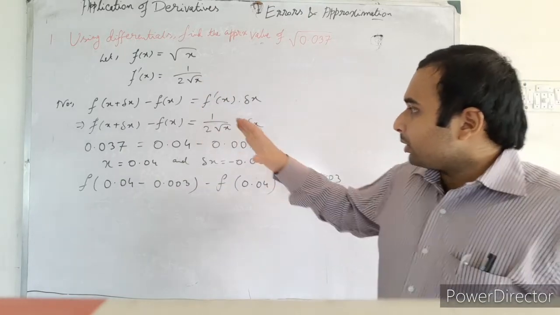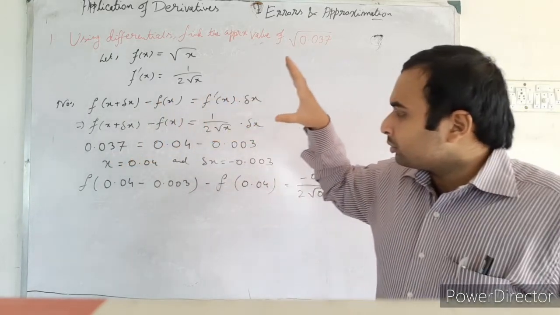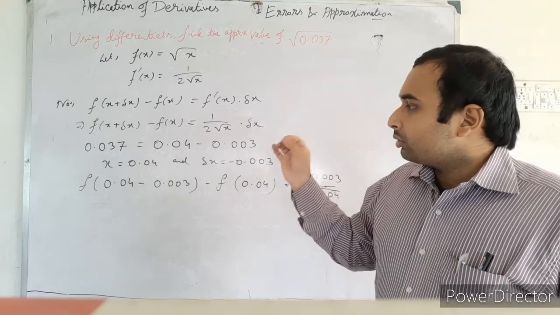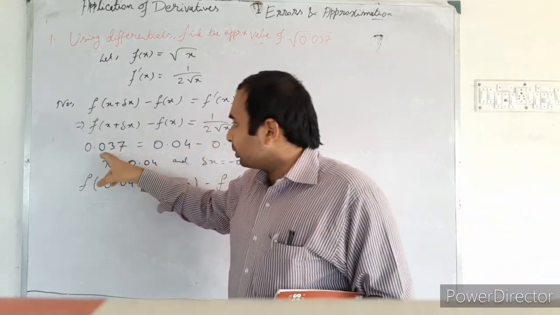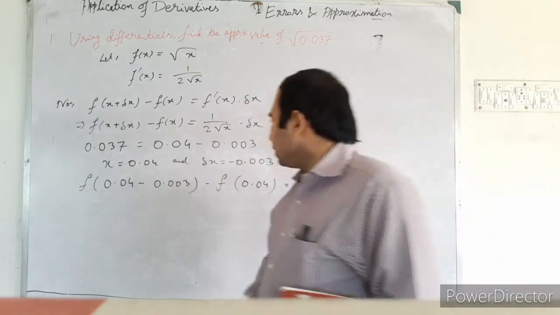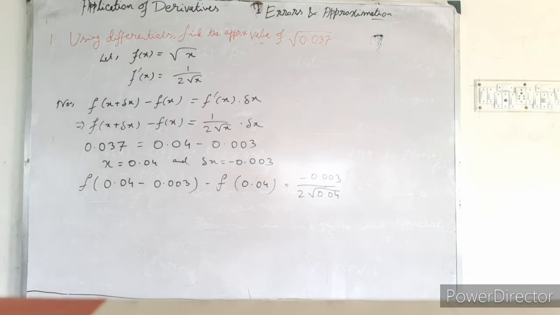So that's why 0.037 is there. The perfect square number that is nearest to 0.037 will be 0.04. That's why I am taking like that. Okay. So now let us do this sum.